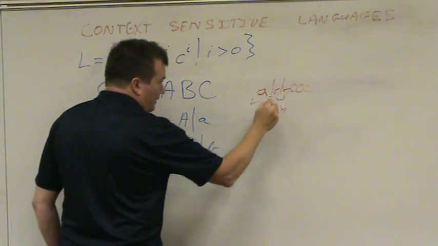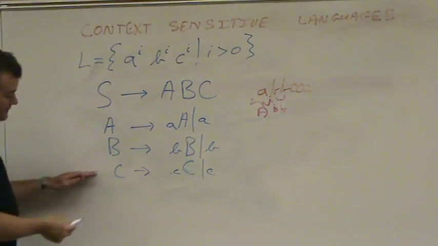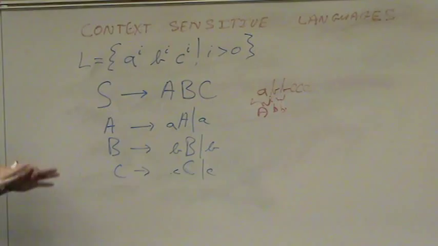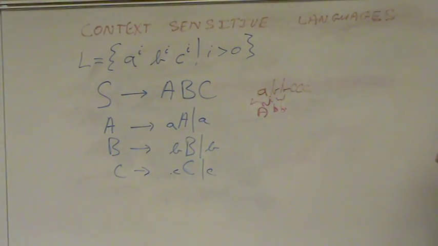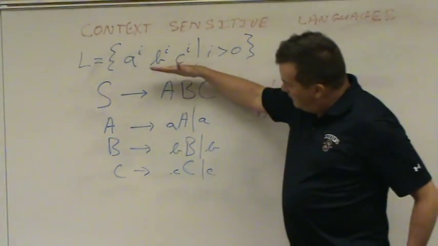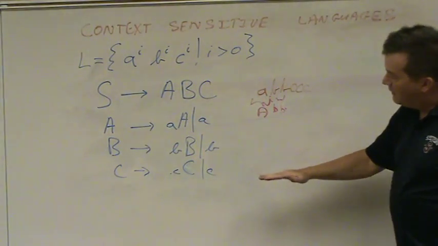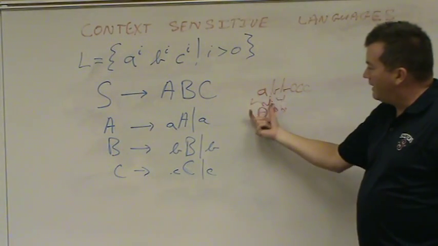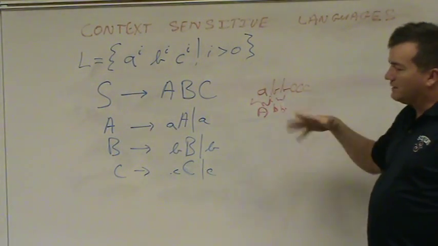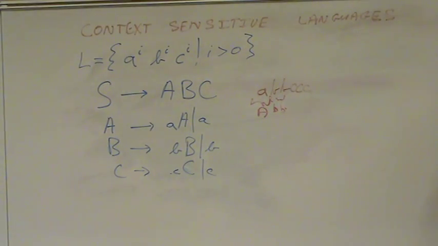So yes, this part is a B part. And then the same for the C part. But we've lost the part where we keep count, right? So this grammar here is not the grammar for this language. It's the grammar for a language where there's a bunch of A's followed by a bunch of B's followed by a bunch of C's, but the numbers can be anything.